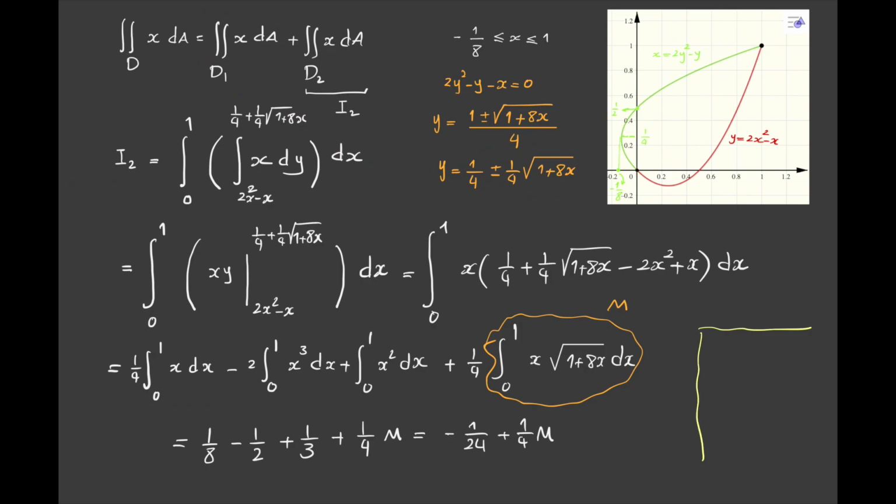You have the picture in front of you. So here x, which is chosen to be my free variable, this time goes from -1/8 to 0. But for any choice of x on this interval, the y value actually goes between these two branches of the green curve, meaning 1/4 minus 1/4 square root of 1 plus 8x and the positive branch.